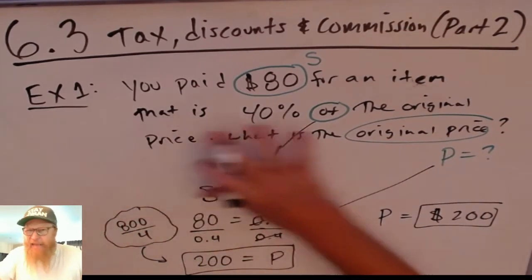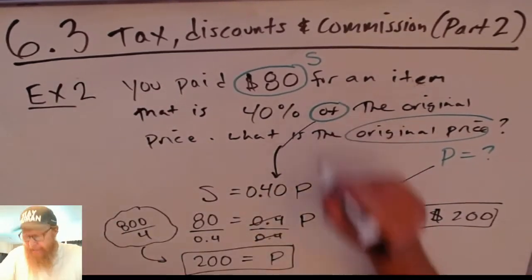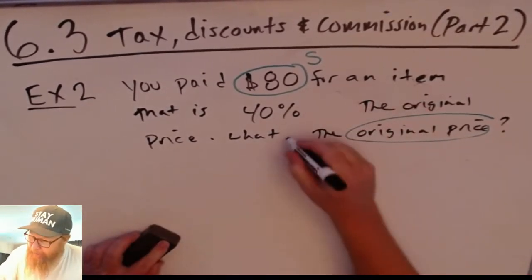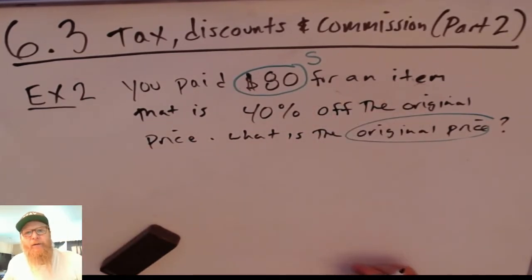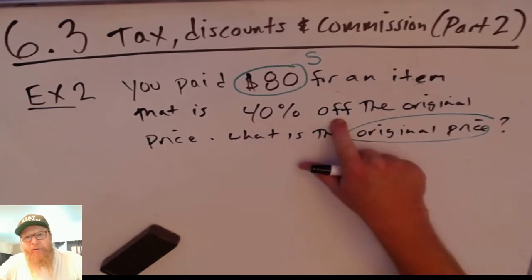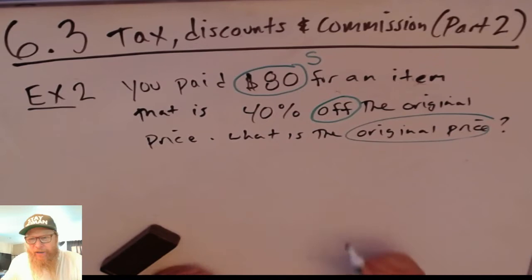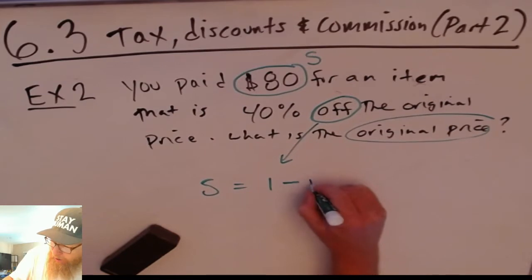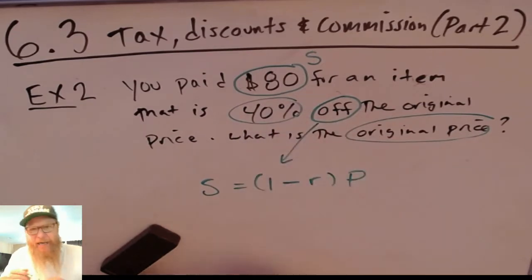Now, I could take this exact same question, which I probably will, but I'll call it example 2, and I only have to change one letter, or add one letter. So 40% off. If I say 40% off, now the formula is S equals 1 minus R times P, where R is 40%.